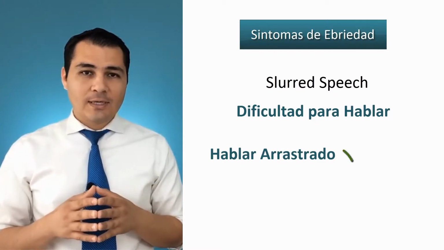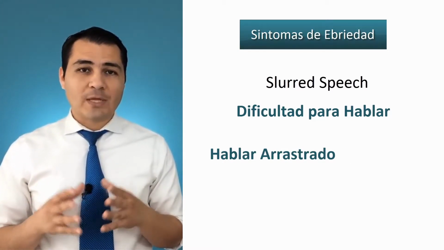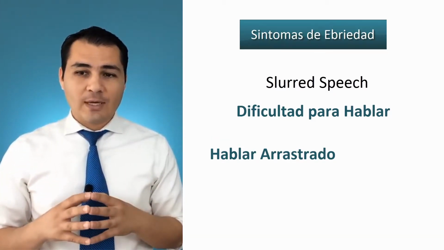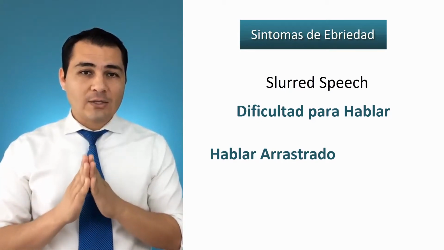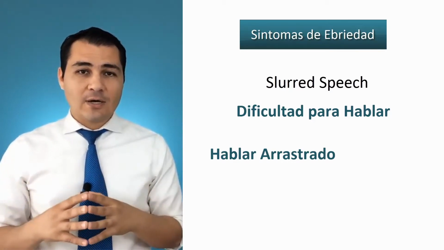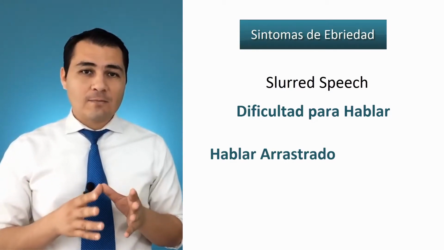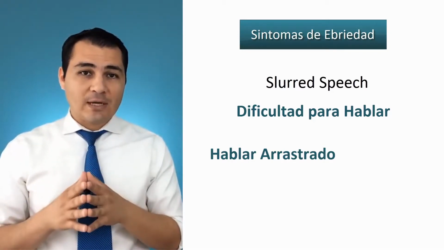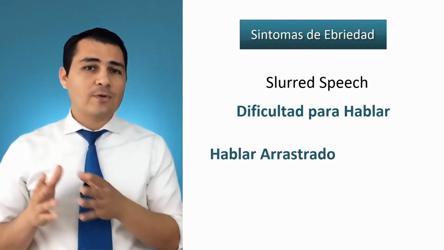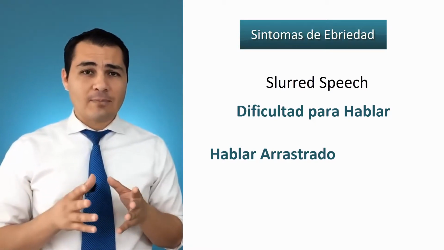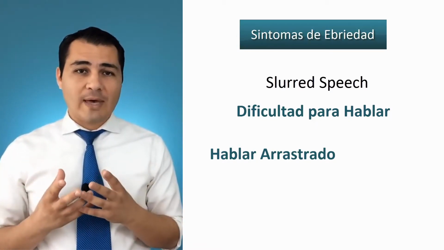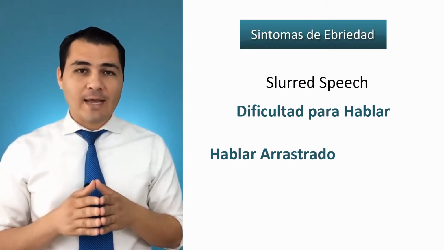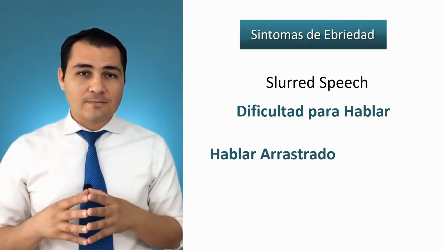Nonetheless, considering all the terms that we are working with in this chapter, and the fact that I only want to teach you one grammatical structure to make it easier on you, I rather use difficulty speaking, which states the same thing as hablar arrastrado, and which uses the same grammatical structure as the rest of the terms. If we use hablar arrastrado instead of dificultad para hablar, we would have to work with two grammatical structures. So, for practical purposes, I rather use dificultad para hablar to teach you the DUI essentials.